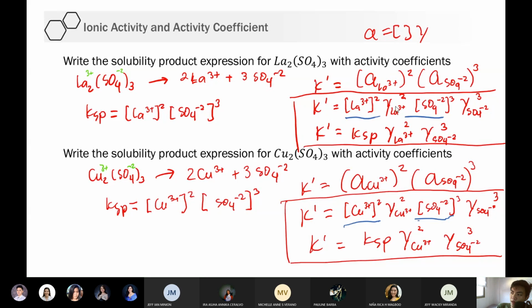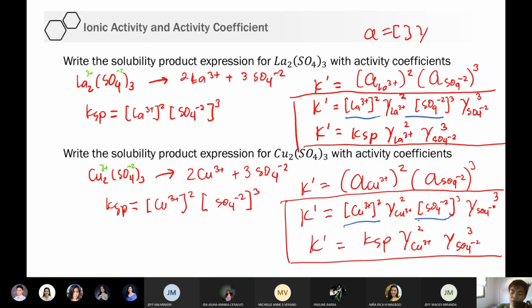You can write your concentration and gamma, or you can just combine your concentrations as KSP. But I prefer writing the second line because it shows us the concentration expressions, although you can rewrite this as KSP. So that's how we write the equilibrium constant.